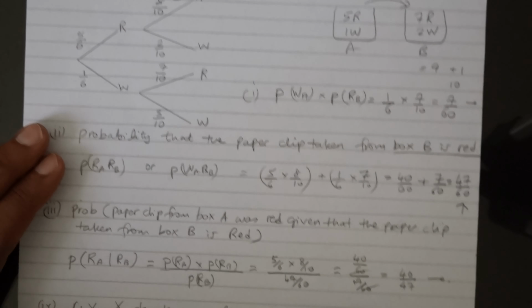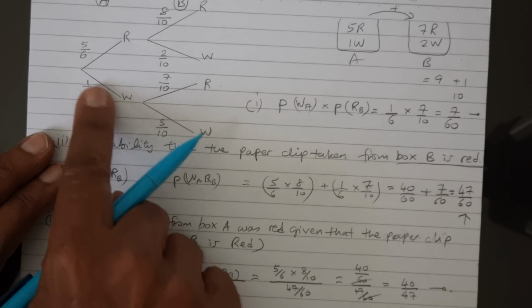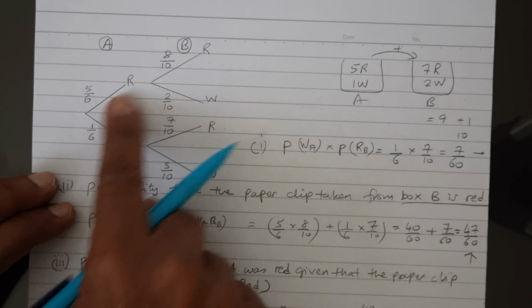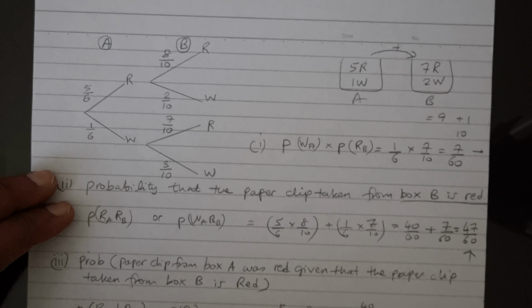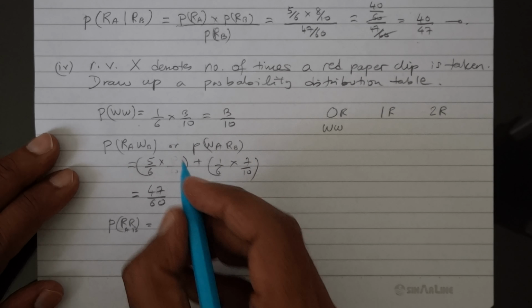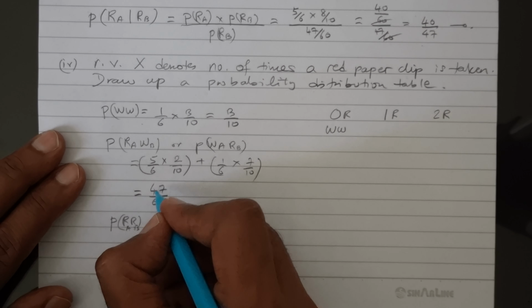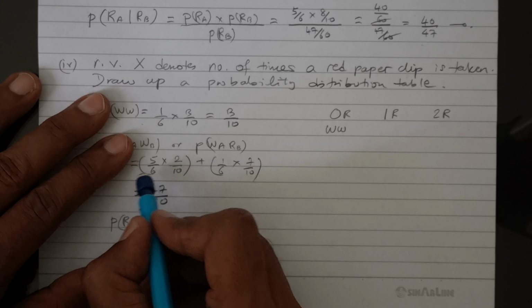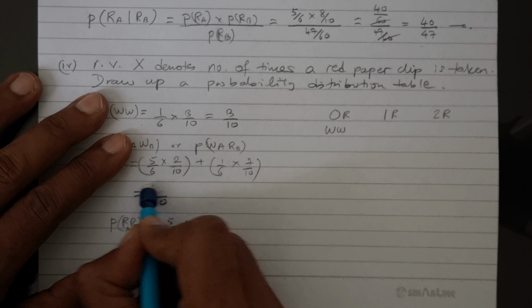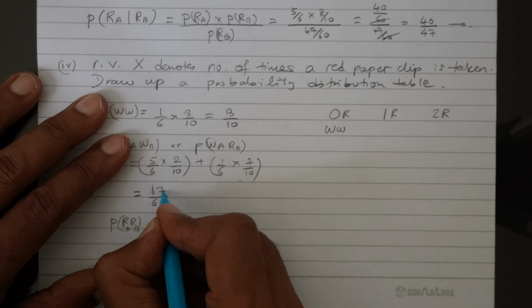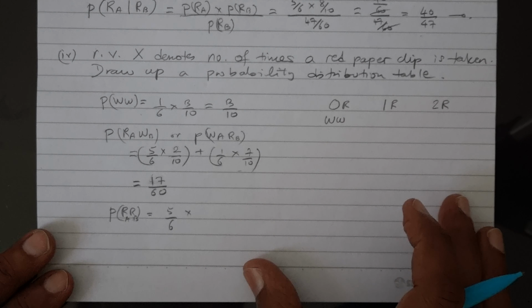So that's going to be red, white and then white, red. So red, white is 5/6 times 2/10 instead of 8/10. So this makes it, instead of 47, 17/60. Yeah, sorry about that. So here we go.